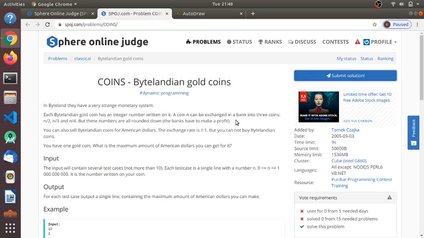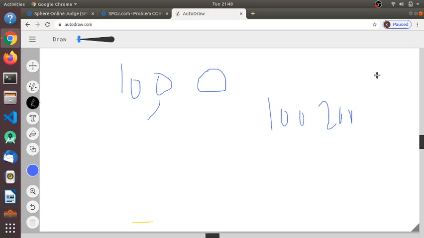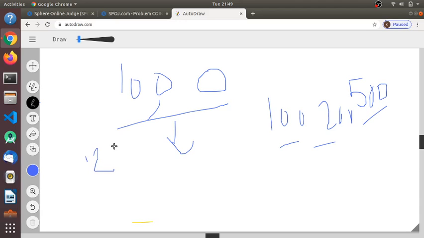Here in India, in our monetary system, if you have a 1000 rupees note, I can give you 2 notes of 500, 5 notes of 200 and 10 notes of 100.